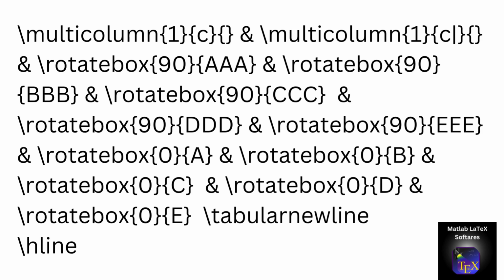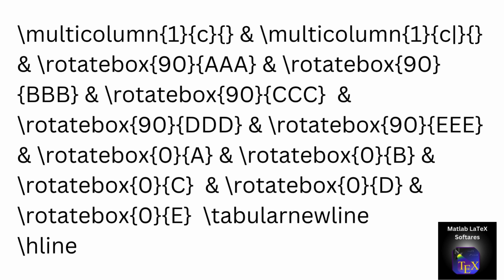The following five cells A, B, C, D, and E are rotated vertically by 90 degrees using the command rotatebox of 90, so that their text appears upright along the height of the columns, saving horizontal space.